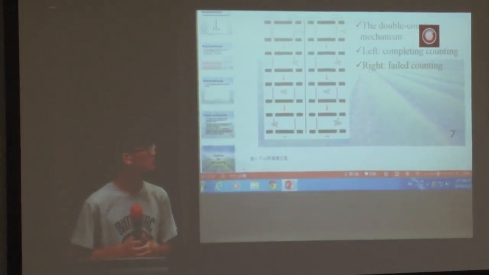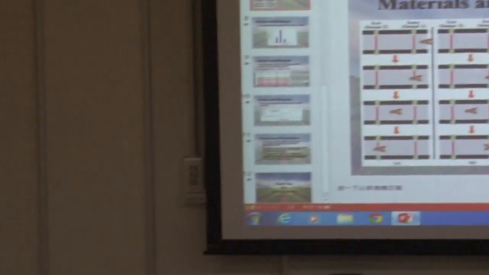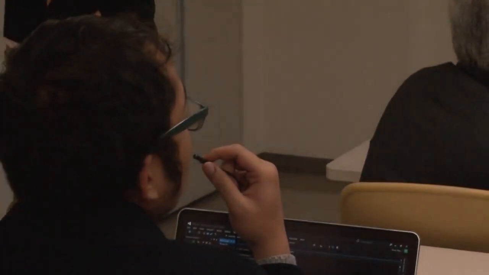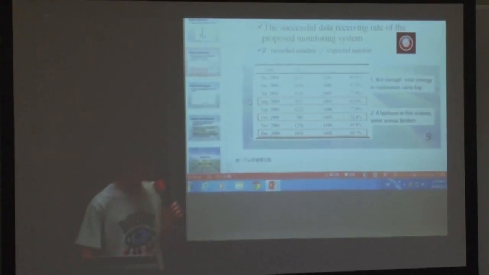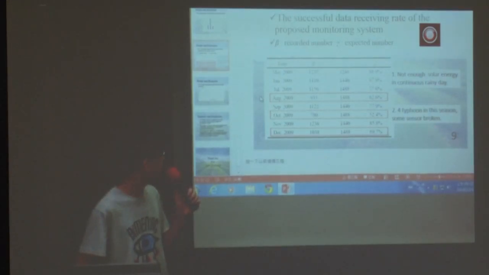Any more questions? Another question. Sorry, can you open slide number 9? This one? Yes. For this one, with the red box, you say that the problem is not enough solar energy and that some decision chances are broken.